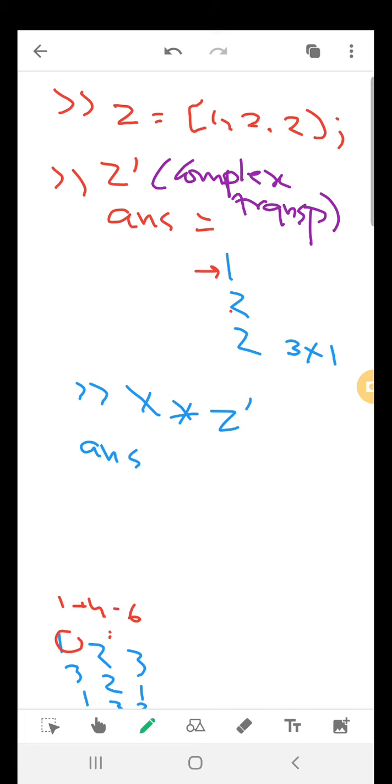So you added this one, so the first column is 11.